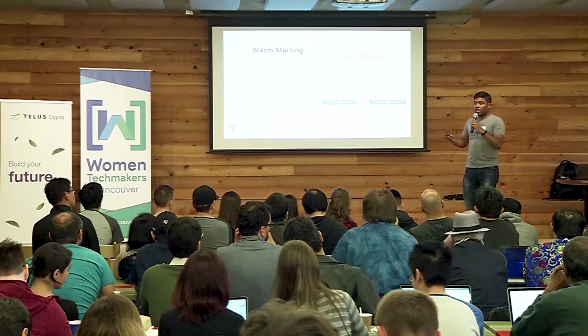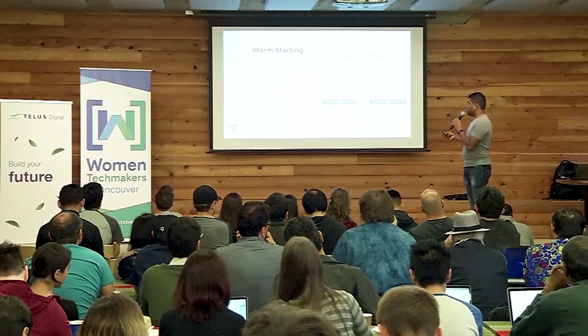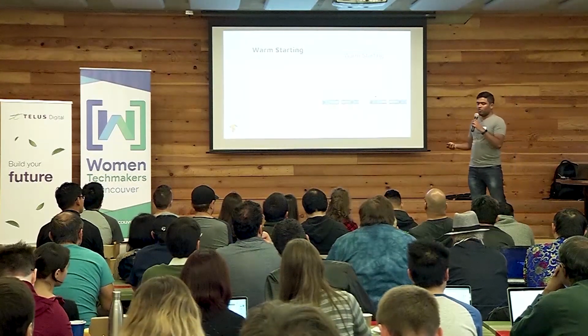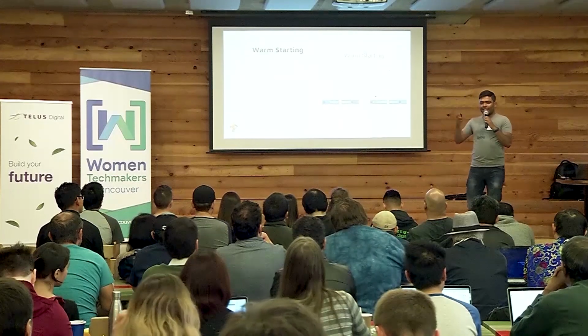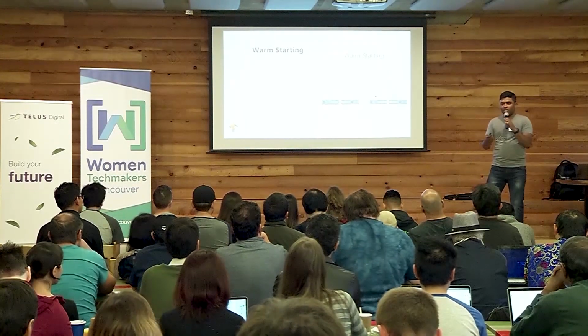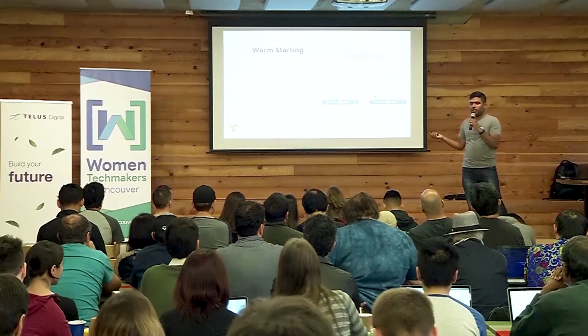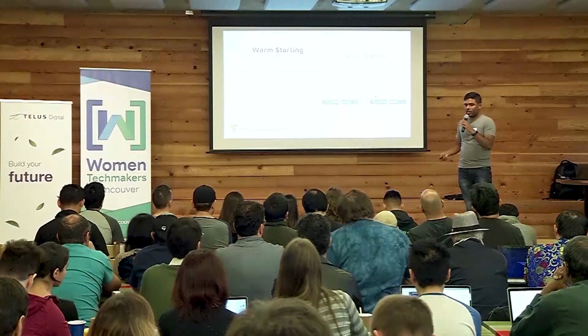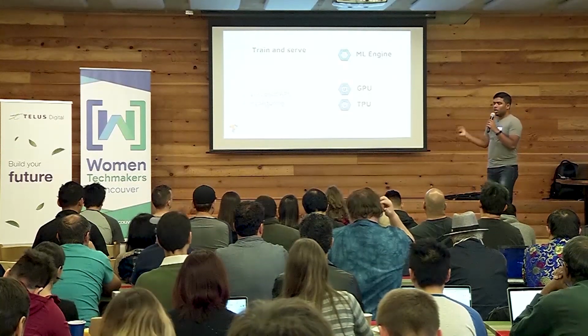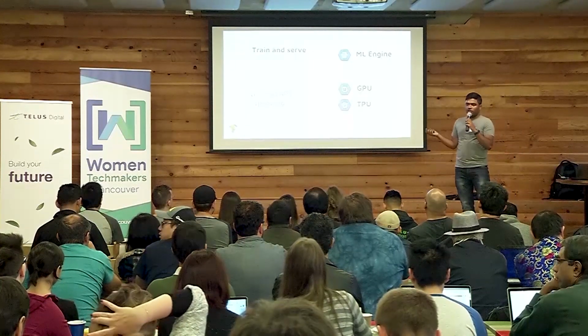So it will take a long time to load that file, and that is called cold start. To address that, TensorFlow provides you a way to warm start your model. It will load your data as it needs, and the model converges faster with better quality, and not only in production, but it can also do this while training. So you can load your checkpoints easily and quickly. OK, so what does Google Cloud do for us here?